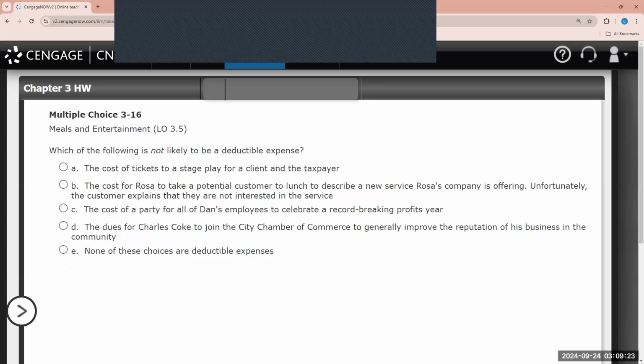Next, we have meals and entertainment. Which of the following is not likely to be a deductible expense? So there was a very big change with the Tax Cuts and Jobs Act as of 2018 going forward. So as it relates to meals, some taxpayers who operate their business, sometimes they're working late or they're meeting with clients and things of that nature.